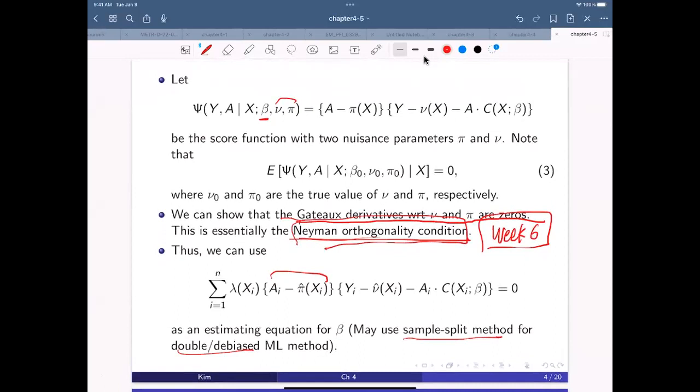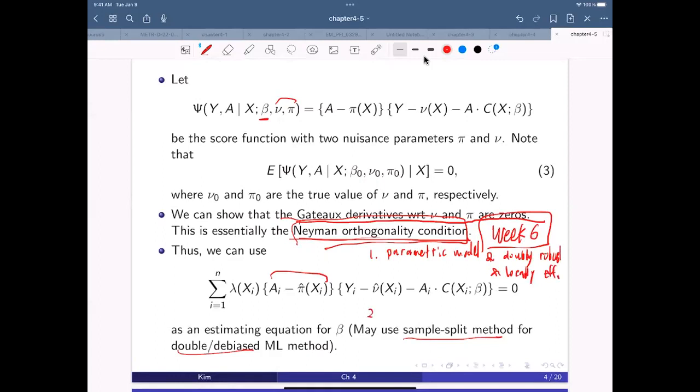One is you can use a parametric model and argue that it is doubly robust and locally efficient, right? So that's one usage.